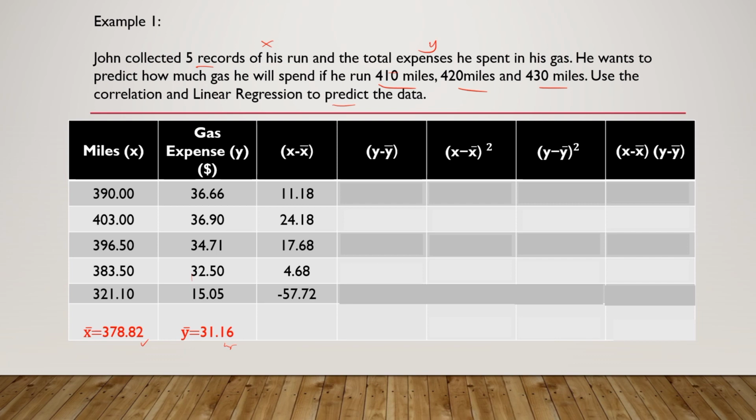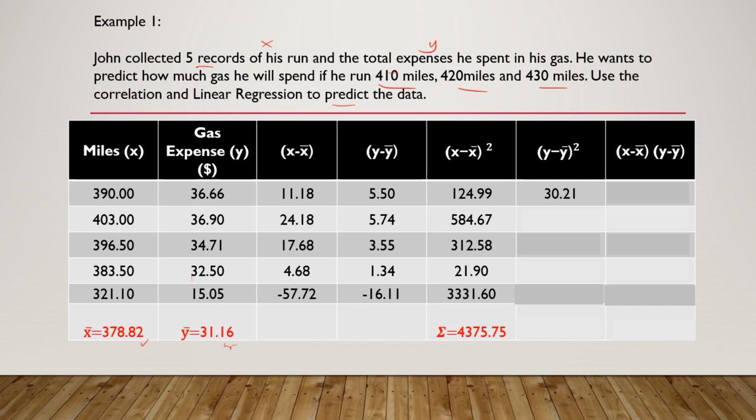Then y minus y bar: let's consider the values in the y column and the y bar. 36.66 minus 31.16, so we have 5.5. Then let's repeat that on the other values, 3.55. Then let's proceed with the squaring of the x minus x bar. Squaring the third column, we'll have these values. Then the squaring of the y minus y bar.